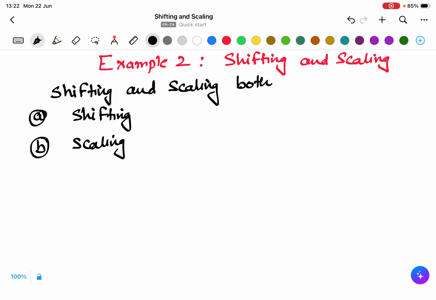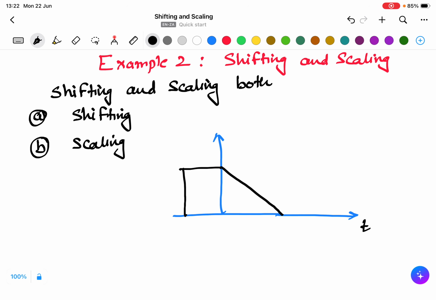So whatever signal is given to you, you have to shift it first and then you have to scale it. Let's take an example with respect to the continuous time domain signal. I'm just taking the same example for reference as we used in the previous example.